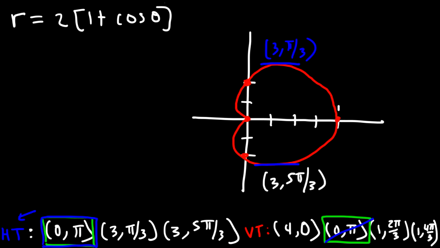Now we can see that we have 3 vertical tangent lines. For this particular vertical tangent line, if we draw a line from the origin to that tangent line, you can see it has a radius of 4, and this line is at an angle theta, which is 0 degrees. So that has to be 4 comma 0.